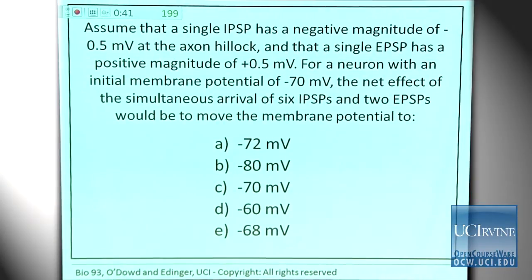Okay, I'm going to encourage you to explain your answer to your neighbor, because that helped a lot in section A, and then change your vote if you need to.